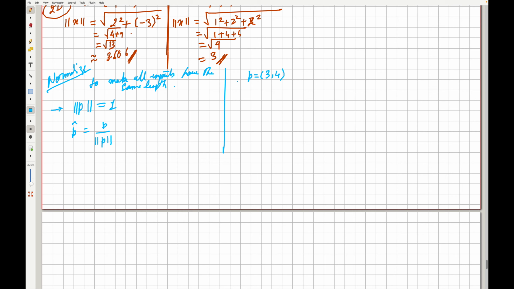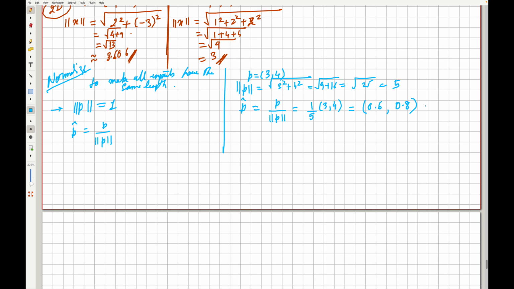If we calculate the norm of p, that is the square root of 3 squared plus 4 squared, which is 9 plus 16, the square root of 25, which is 5. That's the norm. Now we need to normalize it, so we take the value of p and divide it by the length of that vector, so we divide (3, 4) by 5. After normalizing, 3 divided by 5 is 0.6, and 4 divided by 5 is 0.8.